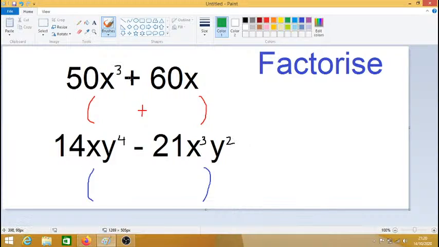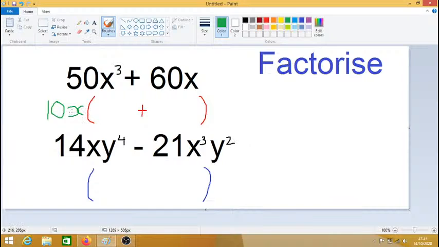First, 50x cubed and 60x. The common factor, we need a 10. That'll make the 50 and the 60. 10 times 5 and 10 times 6 would make the 60. So the common factor in terms of the numbers would be 10. But I need to make the x's as well. The common factor that would make both the x and the x cubed would be an x. So putting that together, I'm going to have 10x on the outside.